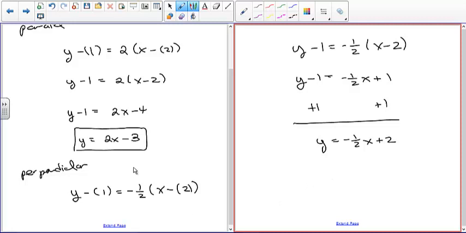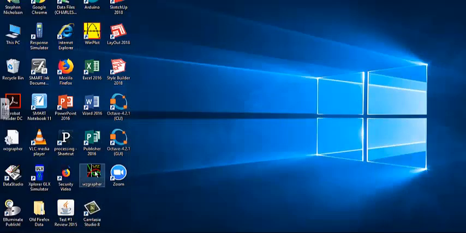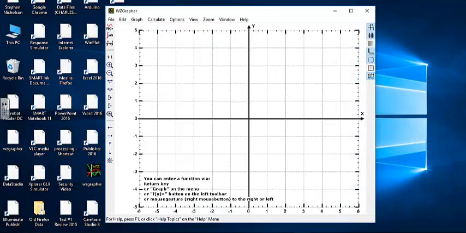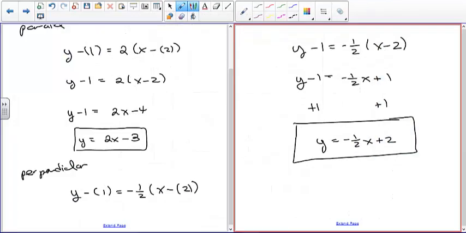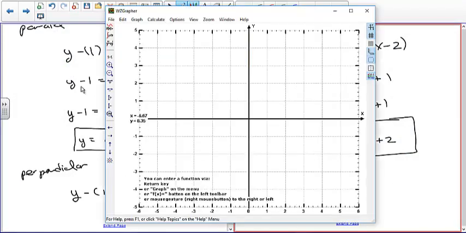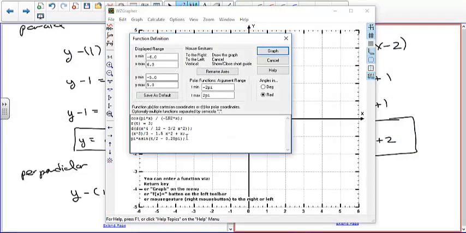So if we plot these two functions, they should be perpendicular to each other. So I'm going to do that, just to show you that I did it correctly. Hopefully I did it correctly. So 2x minus 3. This is a graphing program that I use a lot.